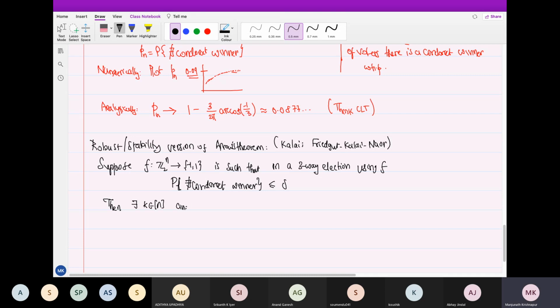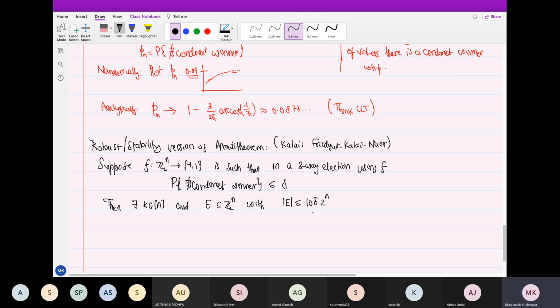So F will be close to that dictator, k will be the dictator. But in what sense will it be close? There is an exceptional set, let's call it E, contained in Z2 to the n, having small cardinality in proportion, maybe smaller than 10 delta times 2 to the n.